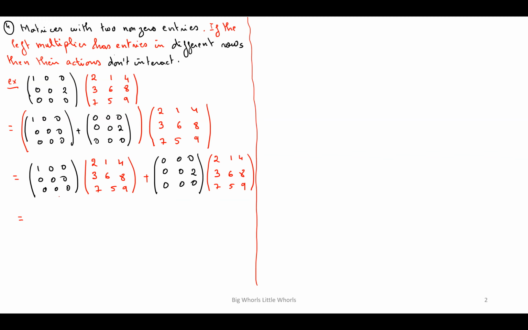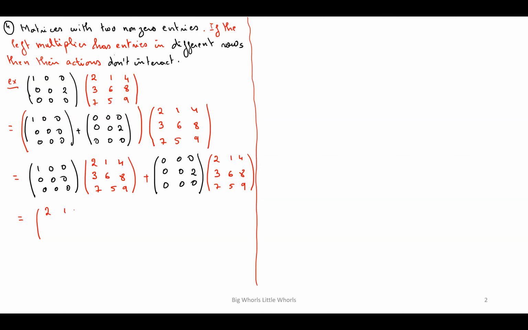That if the unit matrix is multiplying from the left, it copies the j row into the i row. Here the unit matrix is 1 1, so it just copies the first row into the first row, so it just keeps the first row.